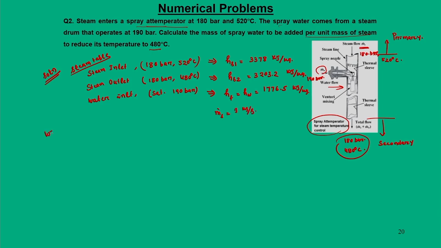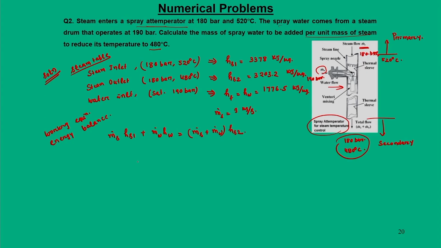So, the working equation is the energy balance, that is m dot s HS1 plus m dot w HW is equal to m dot s plus m dot w into HS2.